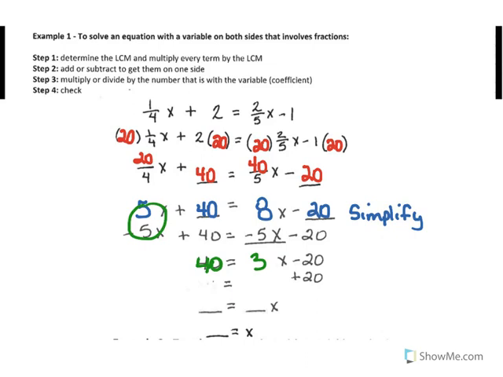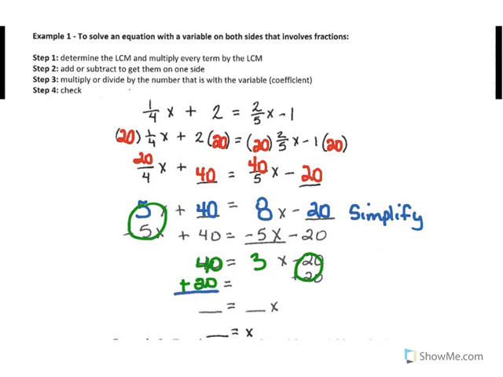So I'm going to leave the 3x, and I'm going to move the 20. If I have negative 20, then to zero that out to get it by itself, I have to add 20 positives. When I do that, it's going to zero out on the right.